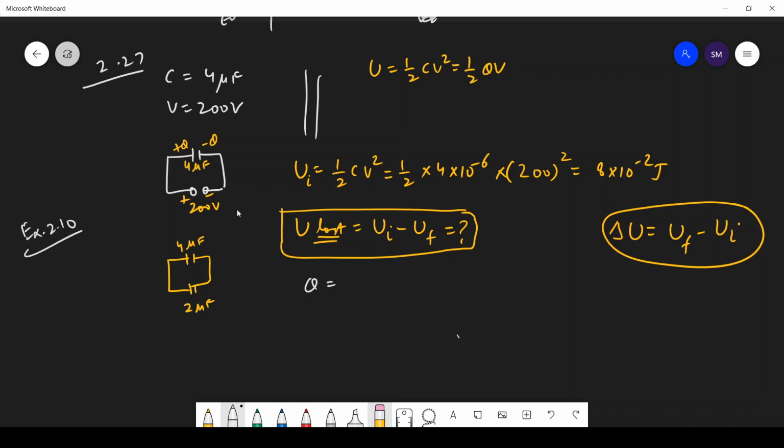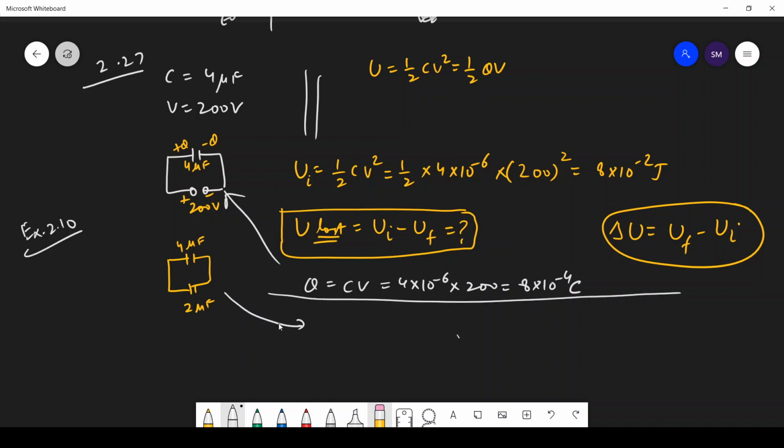In this case the charge will be CV, and that will be 4 into 10 to the power minus 6 into 200, that's 8 into 10 to the power minus 4 coulomb. Now let us consider this case. This case is over.